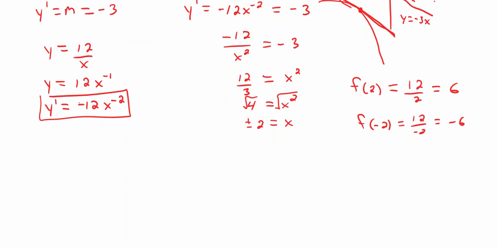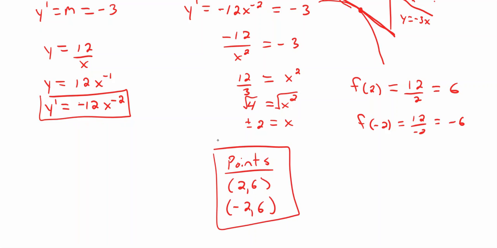Those are our y values. So our points would be happening at 2 comma 6 and negative 2 comma negative 6. All right, I'm going to leave that one there, I think.